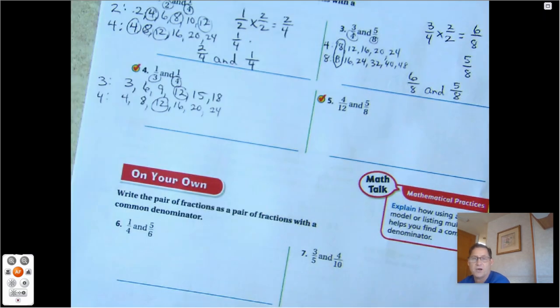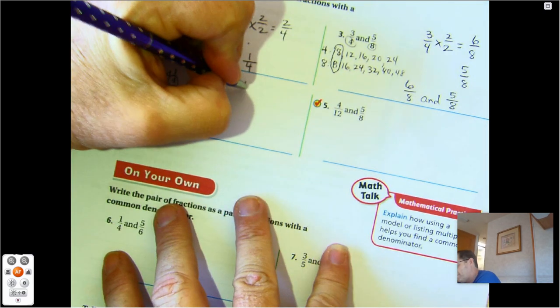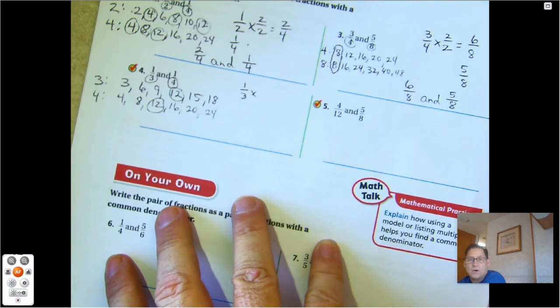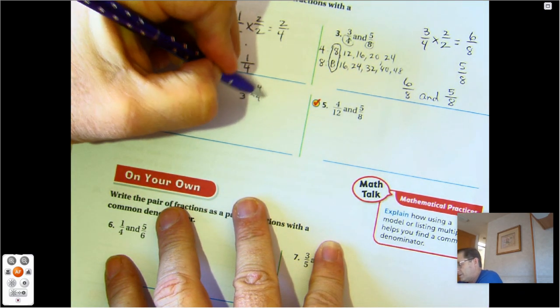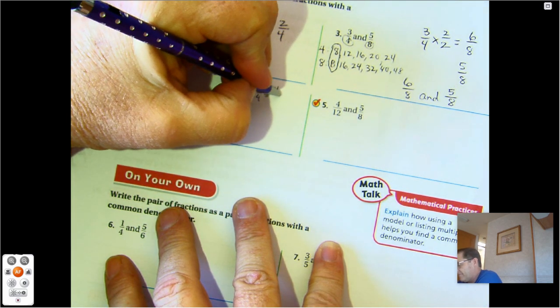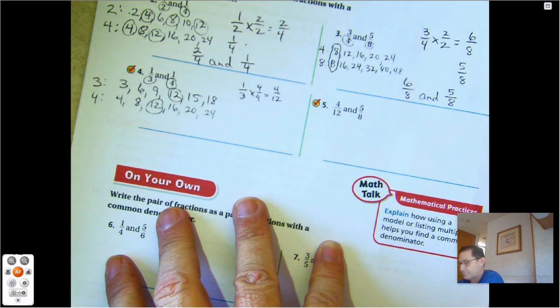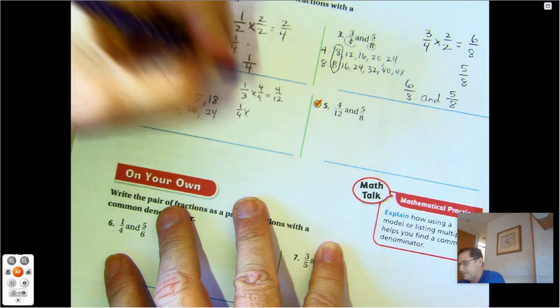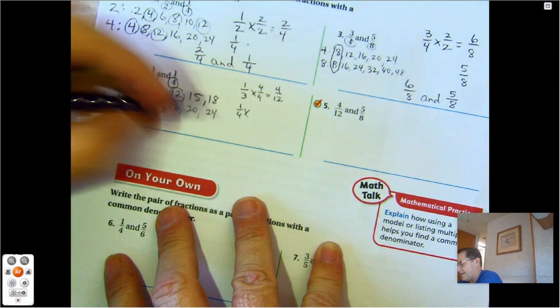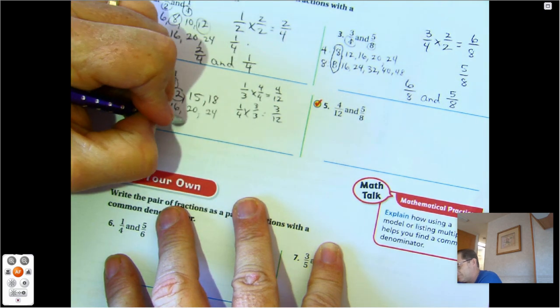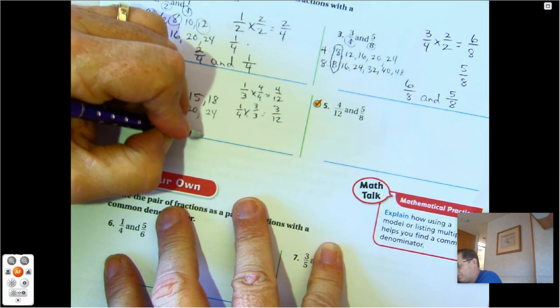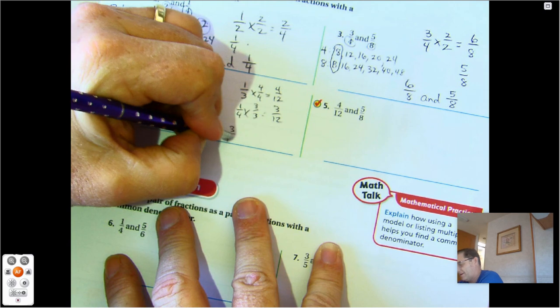So the 12s are in common. So what do I have to multiply 1/3 by to get 12? 1, 2, 3, 4. So 1/3 is the same as saying 4/12. 1/4, I'd have to multiply by 1, 2, 3. And I'd get 3/12. So we have 4/12 and 3/12.